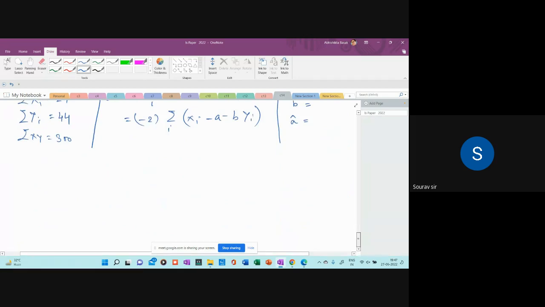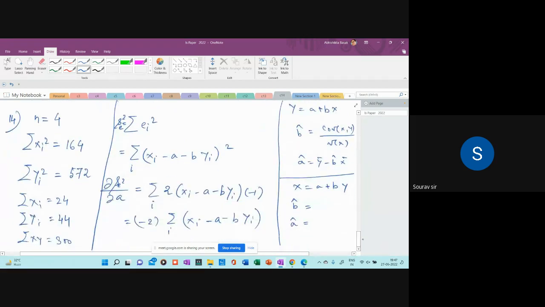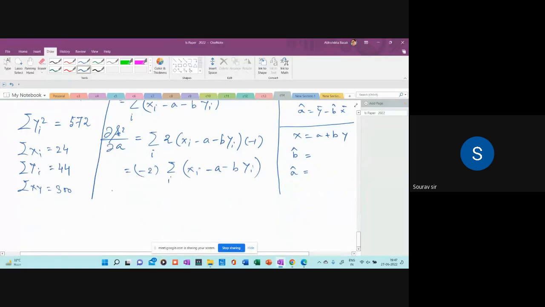Let's equate this with 0. So del SE square by del a equals 0 implies summation over i xi equals na plus b summation over yi. That is my equation 1.